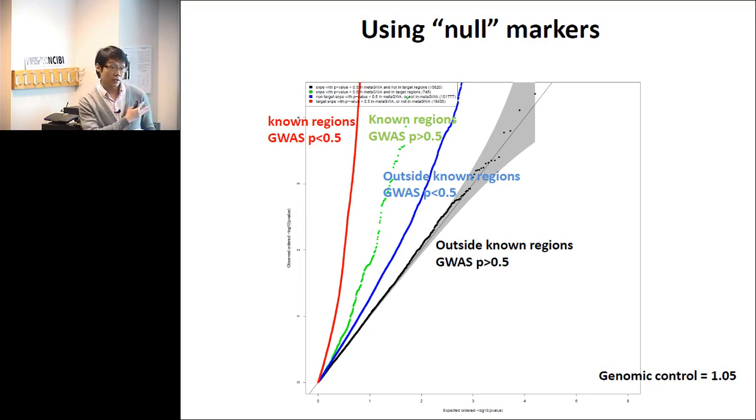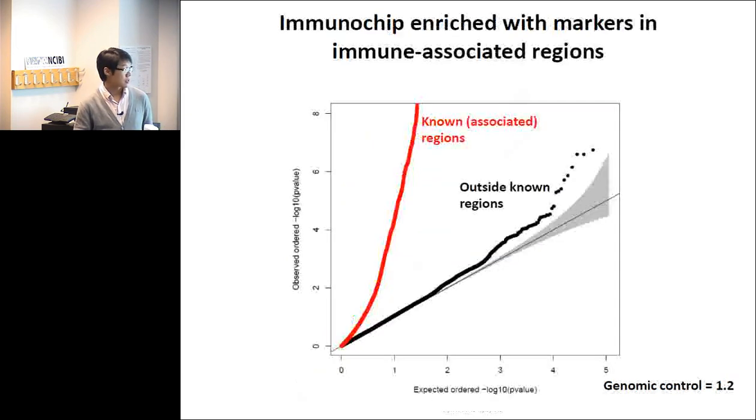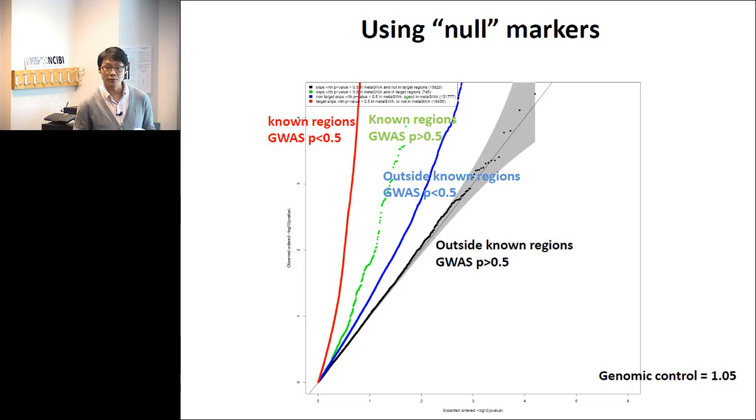So the result suggests that the population stratification has been taken care of after we use the principal components as well as the individual center as covariates. The genomic control lambda here was 1.2 before, and now it's 1.05. So it is another indicator showing that the population stratification is well controlled.